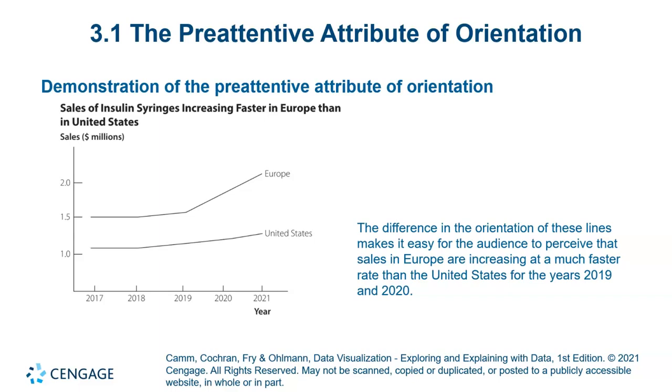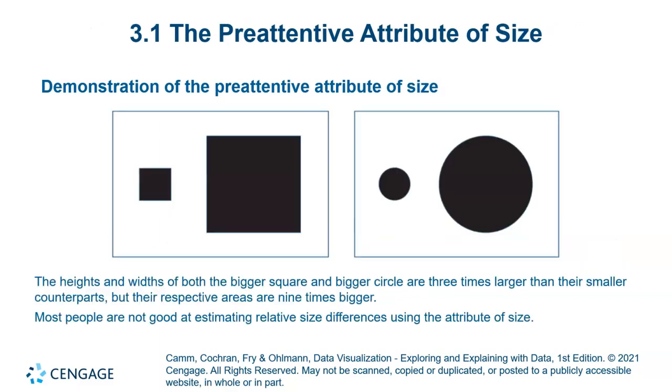Like, the difference in the orientation of these lines makes it easier for the audience to perceive that the sales in Europe are increasing at a much faster rate than the United States for 2019 and 2020. So this is related to orientation. Now the pre-attentive attribute of size, you can see the differences over here.